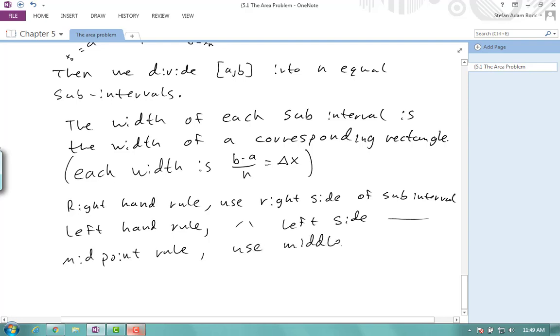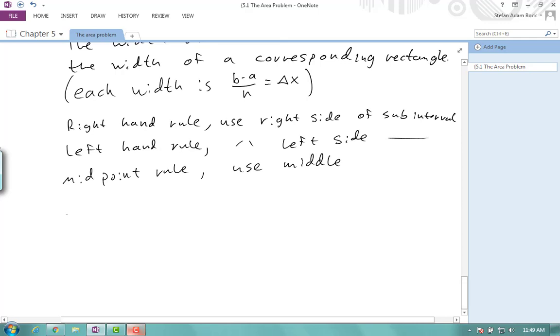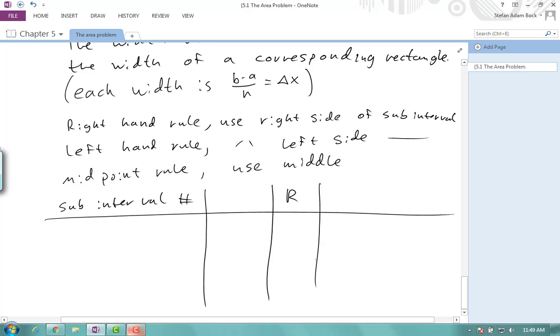Of each subinterval. So, if I label these, subinterval number 1, right, left, midpoint. Subinterval number 1 is going to be a up to x sub 1, or if I prefer, x sub 0 up to x sub 1. I'm going to use the right-hand side, that's x sub 1.